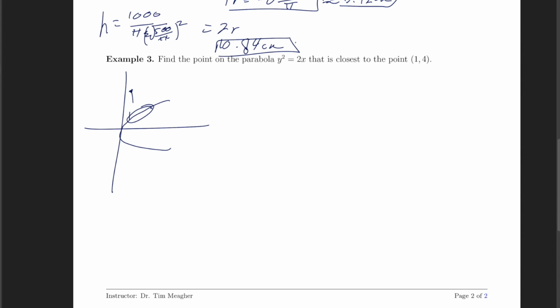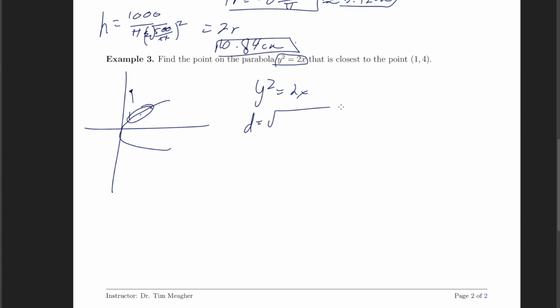We have the equation that's given to us, and our variables are just x and y. We want to find which point on the parabola is the shortest distance from here. So we don't need to introduce notation, it's already all there. Let's write down what we want: y squared equals 2x, and we want to minimize distance.